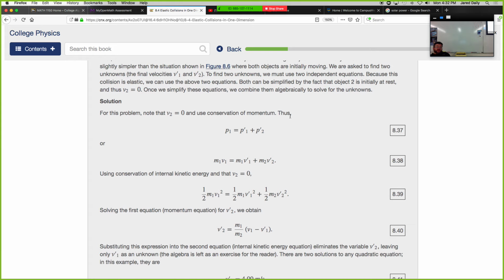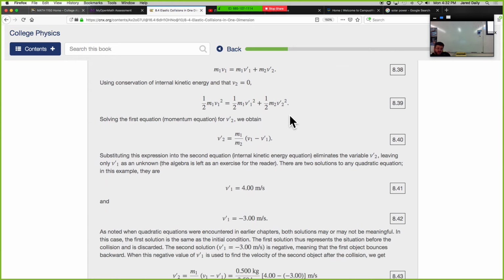But how do they do that in practice? What's the real thing going on here? This is no different than when we were solving for two unknowns and two equations during our kinematic equations, except that in some of these cases, and often in these cases, you end up with a quadratic equation that you have to solve.